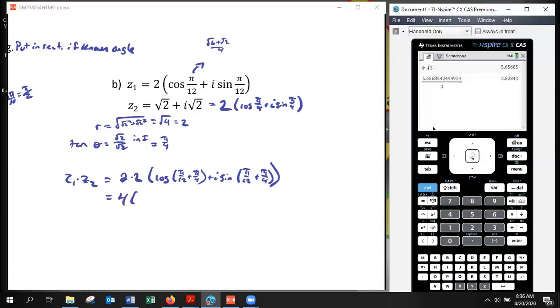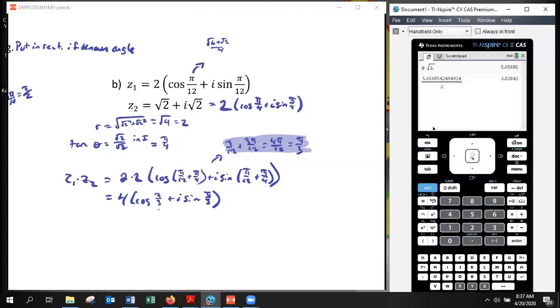So that'd be 4 cosine of 4 pi over 12, aka pi over 3, plus I sine of pi over 3. Maybe I'll show that. Pi over 12 plus 3 pi over 12 is 4 pi over 12, or pi over 3. Let's highlight it to kind of distinguish why we have that there.